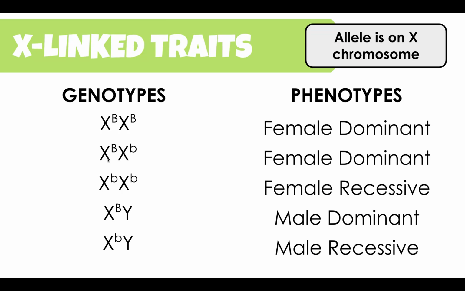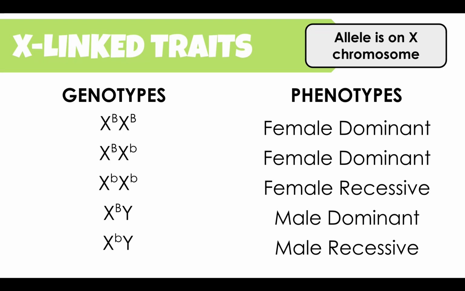Another example of a female X-linked trait would be, again, having 2 X chromosomes because this individual is a female. On the first X chromosome, they have a dominant allele, or the uppercase B. The second chromosome has the lowercase or recessive allele.